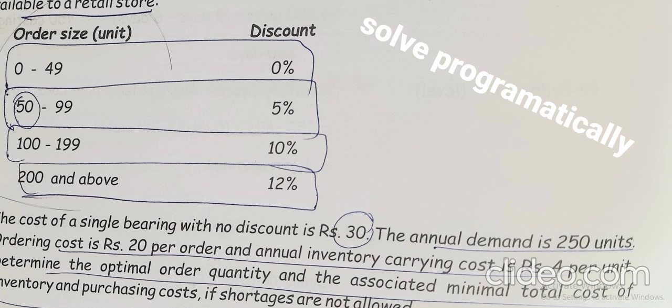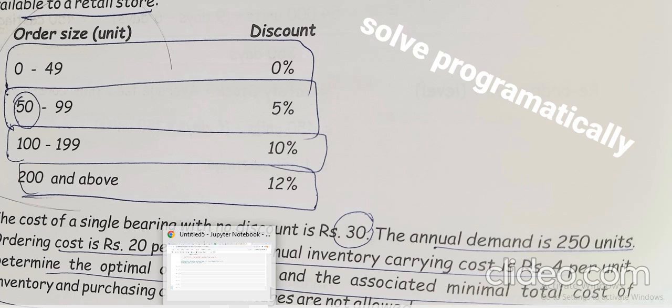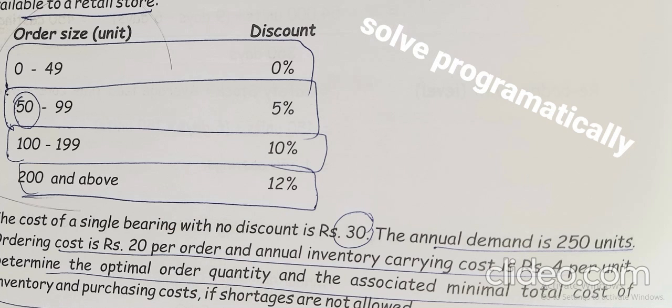Okay, so let's start. If you remember, in the last video we already wrote a simple code for EOQ. Now we will just input the values of this question in that code and find out EOQ. So annual demand is 250 units, ordering cost is 20, carrying cost is 4.